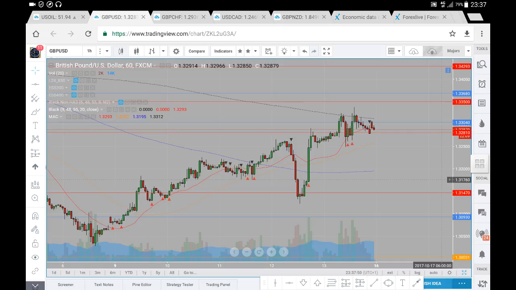We might see a heavier retracement than we're currently seeing as the European session opens, but my overall bias would be to the upside, especially if we do hold 132.81. So that should wrap up the pound dollar analysis.